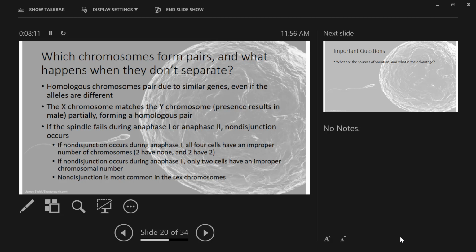And if this fails, if you don't separate these properly during anaphase 1 or anaphase 2, we get what's called nondisjunction. And again, if nondisjunction happens during meiosis 1, all 4 cells are impacted.